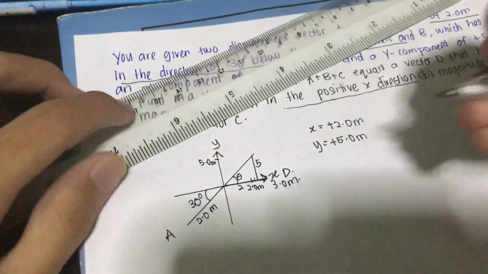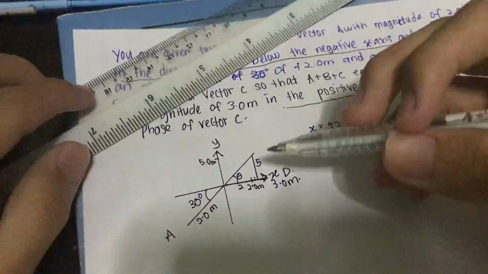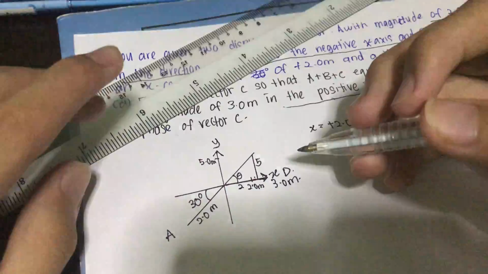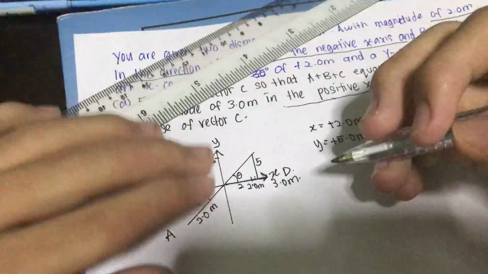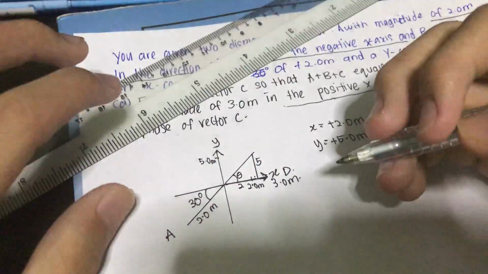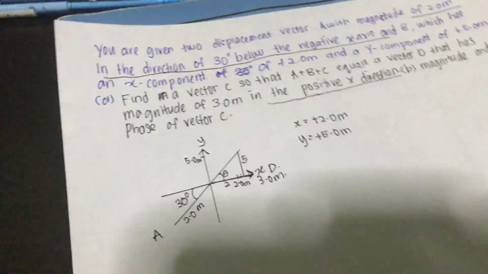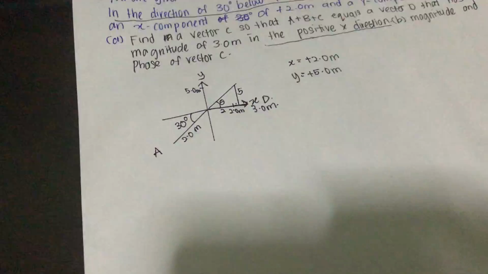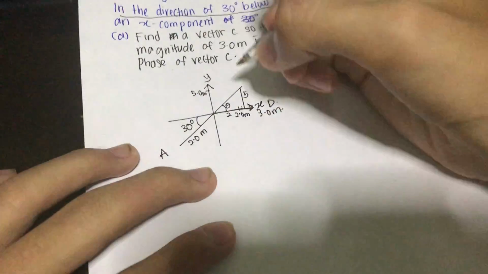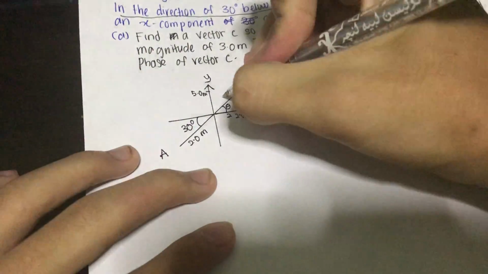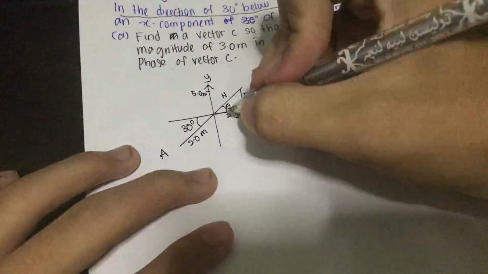As we know, if a vector lies along one axis, its component along the other axis is 0. Next, we should find the hypotenuse for B. This is the opposite and this is the adjacent.